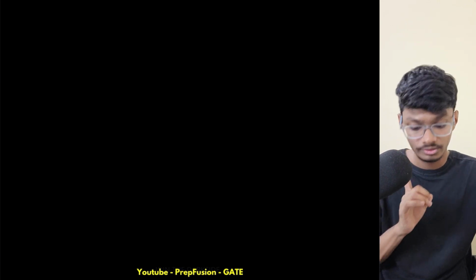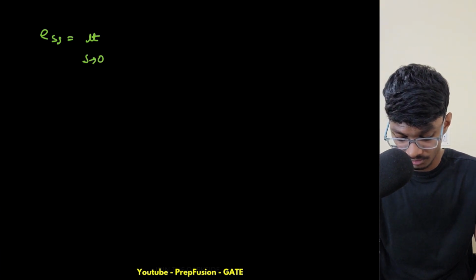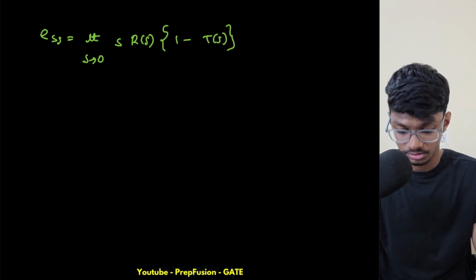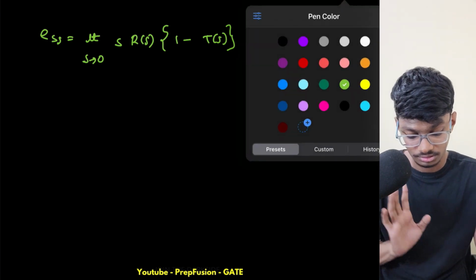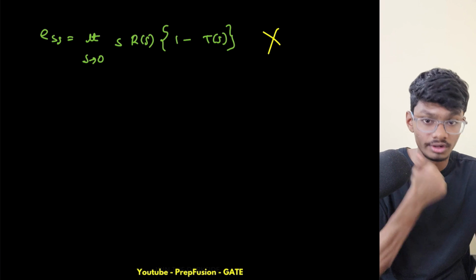The first thing I want to warn you is that you shouldn't use this formula: limit s tends to 0 of s R of s times 1 minus T of s. Why? Because this is only valid for unity feedback systems.